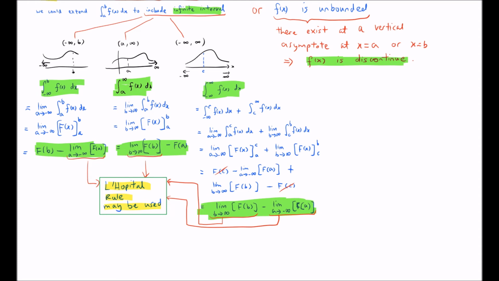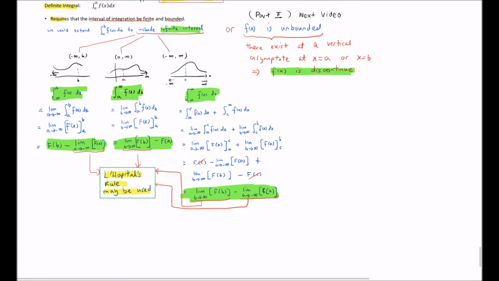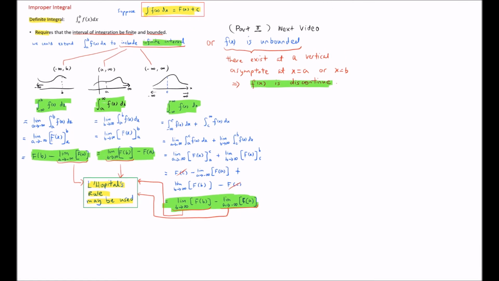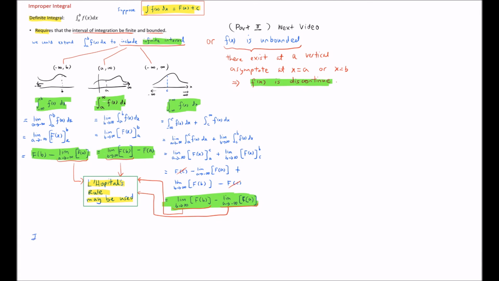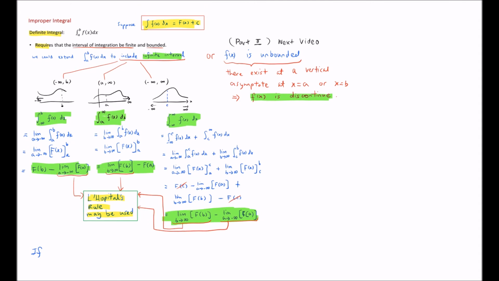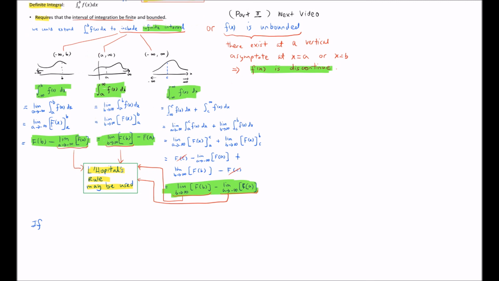Now the next thing I want to mention is that sometimes the limit does not exist. If the limit exists, then we say that the improper integral is convergent.